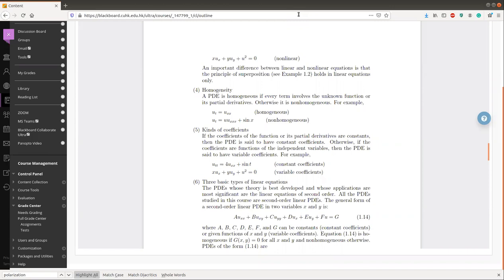Maybe I have some misunderstanding. Because the independent variables here actually mean x and y, if you say some variable is dependent, that would only be u. Then you would say there is some coefficient that is a function of the dependent variable, something that is a function of u.